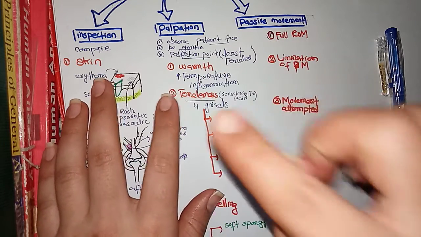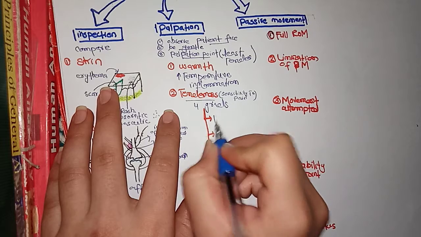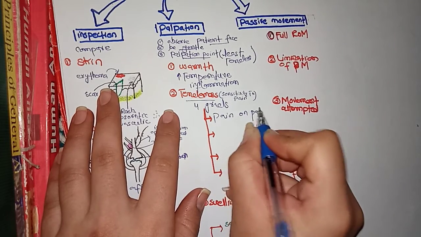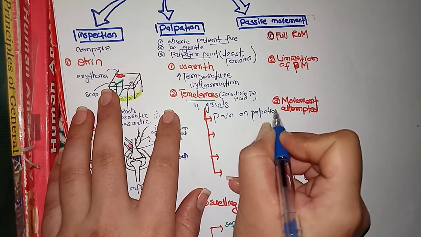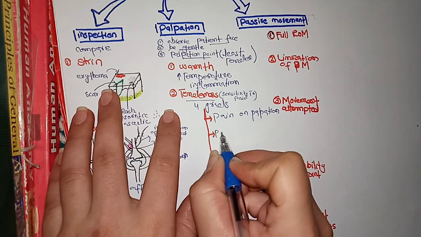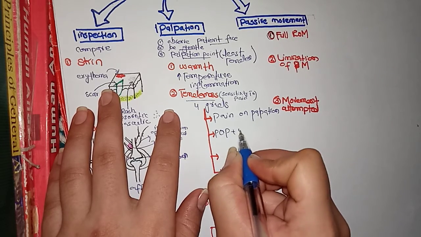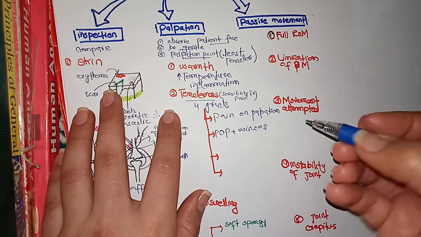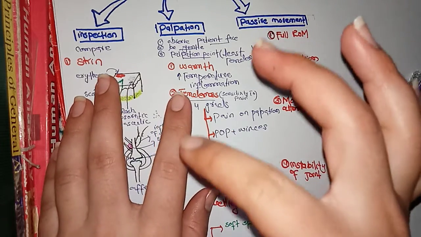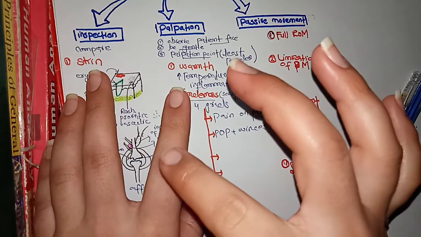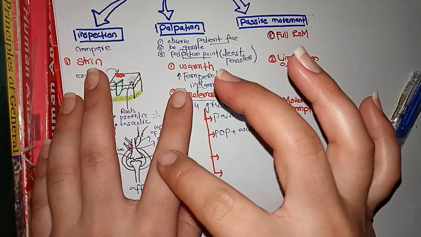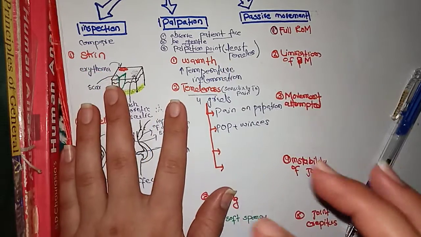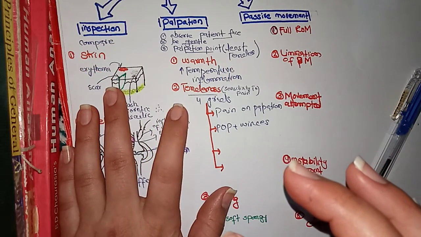That is pain on palpation. The next grade is pain on palpation plus winces. A wince is a jerky or shrinking movement. When you palpate the patient's joint, they feel pain and they wince like that. So this is a jerky movement.